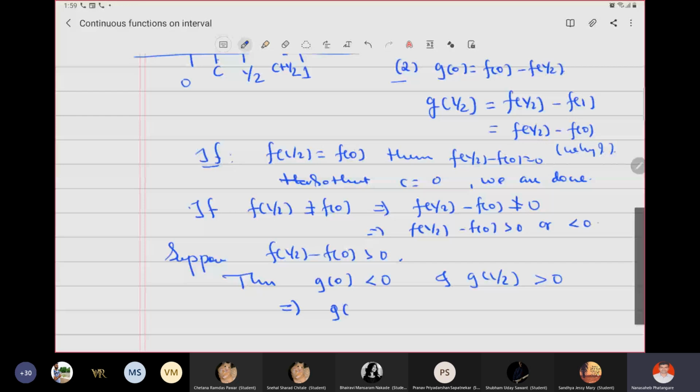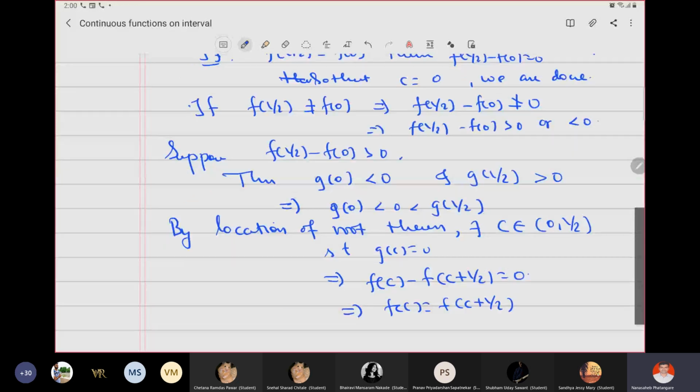That means f of C is equal to f of C plus half. So this is a very interesting thing: if you go half distance from C, you can come across the point where the value is the same.